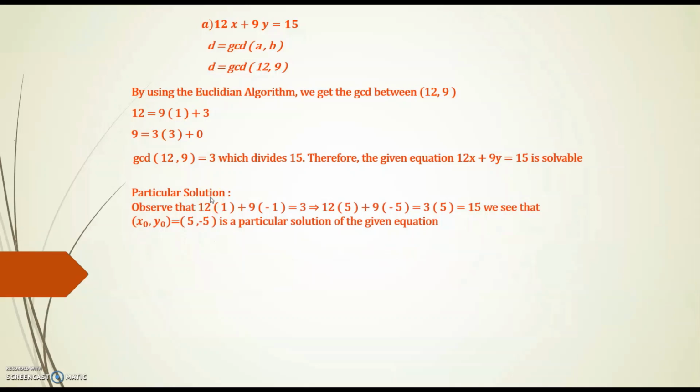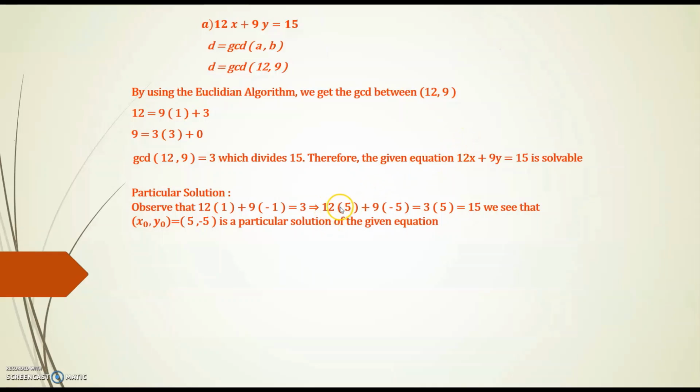First of all, we have to observe which numbers multiplied by 12 and 9 give us the GCD. So if we see 12 times 1 plus 9 times negative 1 gives us 3, which is the GCD that we already found. Consequently, we multiply by a number that gives us the right-hand side result of the equation.